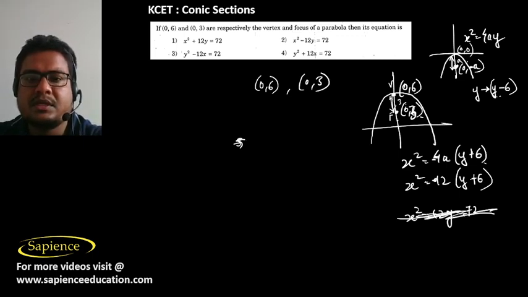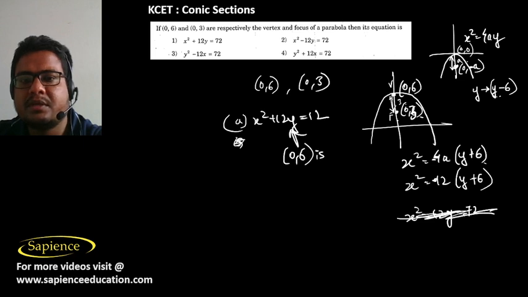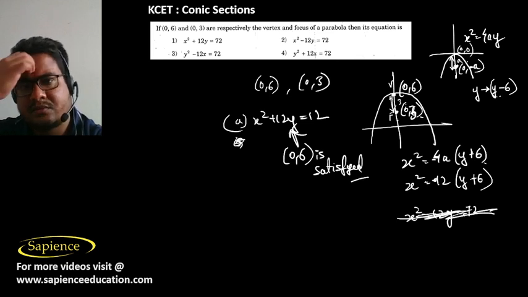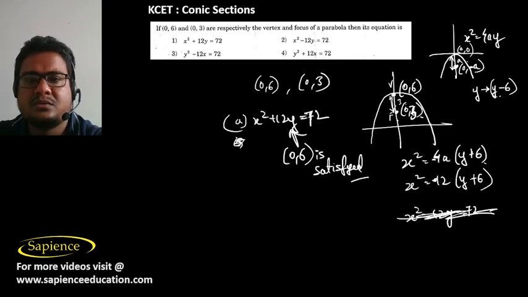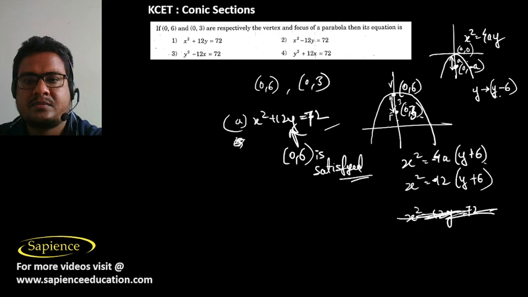So here we can see that in the option A, which is x square plus 12y equal to 72, here 0, 6 is being satisfied. It is 72. 0, 6 is satisfied here. Okay. So it means that option 1 is the correct answer.